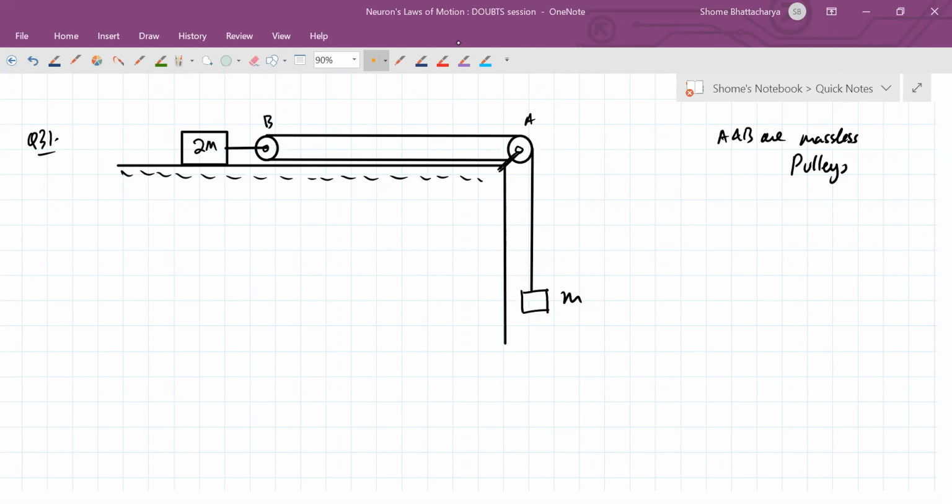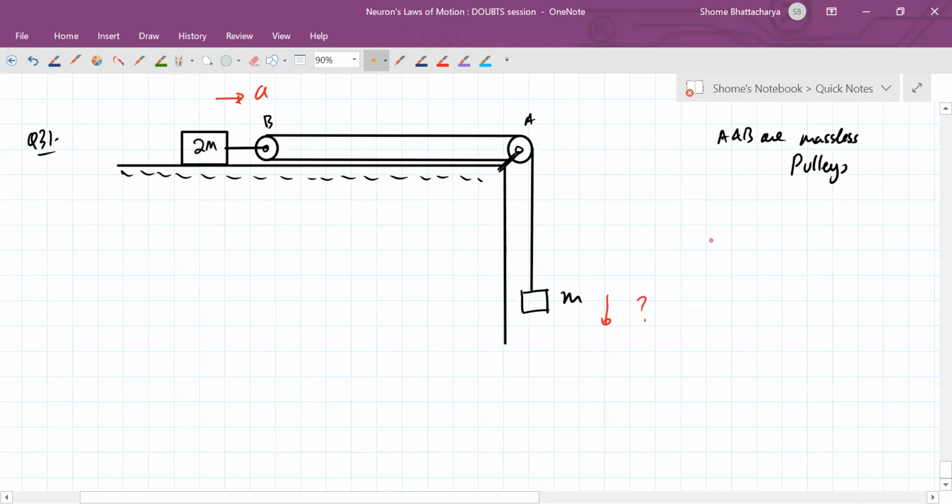Okay, so now the first thing we have to understand is that if its acceleration is a, then what will be the acceleration of this? Okay.